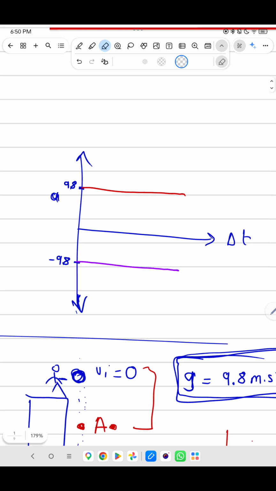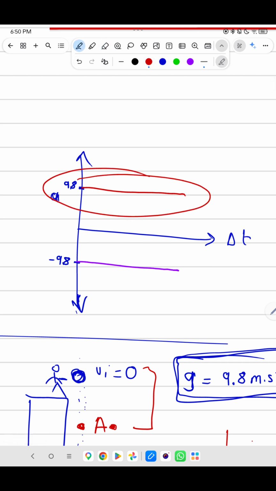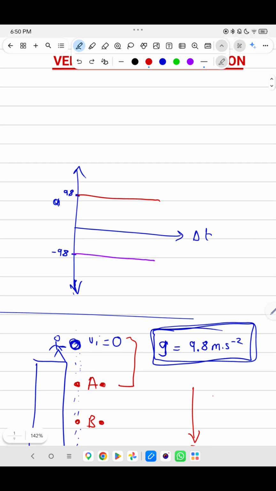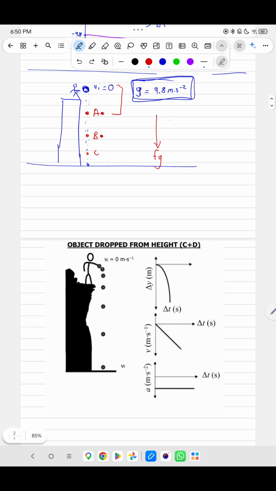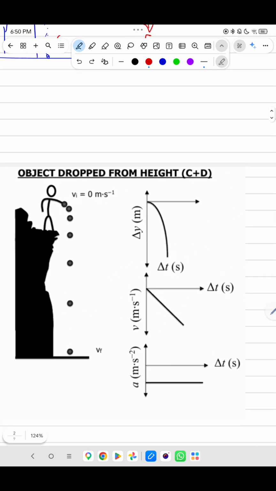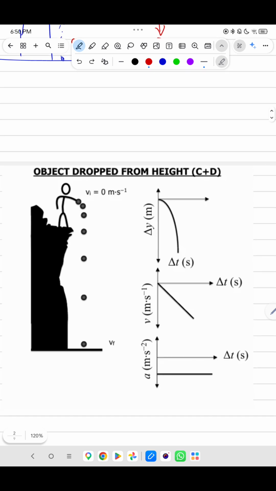So when do we get the graph to be like this? It depends on the direction that you choose. You do know that in physics, when we're dealing with vectors, we need to choose a direction. So look at this scenario here. This man is dropping a ball, and this ball is going down.